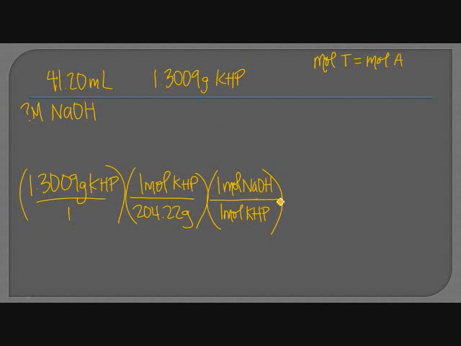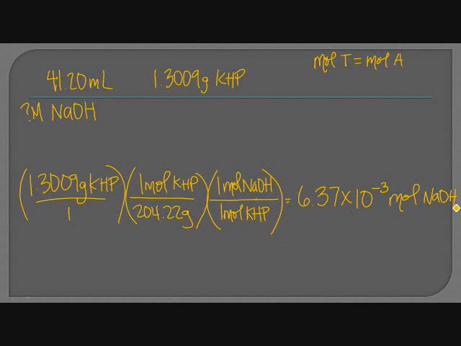So solving this out for moles of sodium hydroxide, I put mine in scientific notation. I have 6.37 times 10 to the negative third moles. Now, I know there's more digits, I just didn't write them all down, but I left them in my calculator when I solved for the next step. This is not the end yet, because we want concentration. We want molarity.